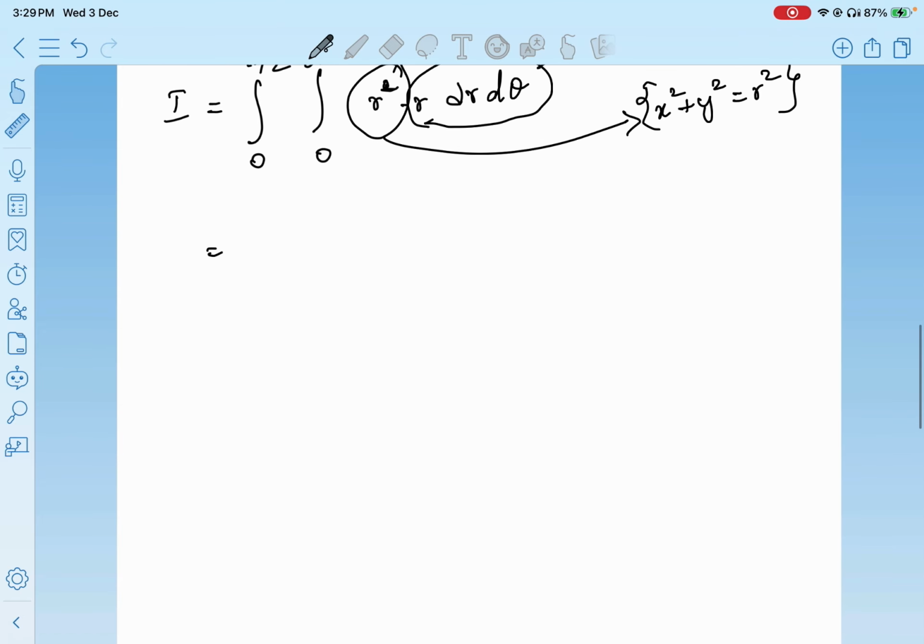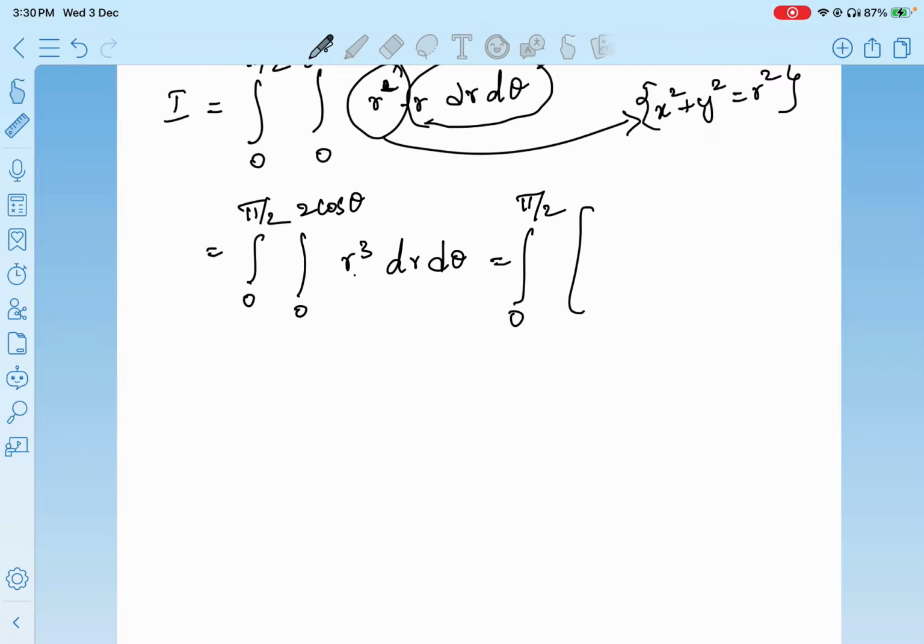Now we can write it as integral 0 to pi by 2, integral 0 to 2 cos theta, r cube dr d theta. First I am going to integrate r cube dr. So r power 4 by 4, with r from 0 to 2 cos theta, d theta.